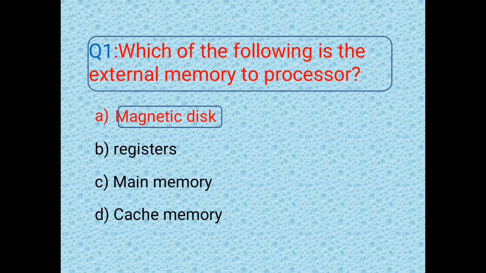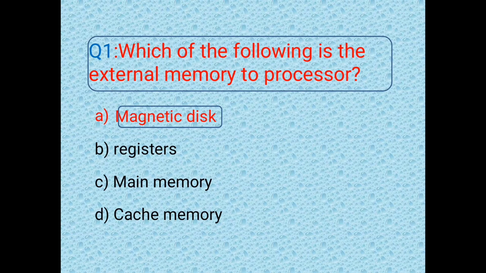A. Magnetic disk, B. Register, C. Main memory, and D. Cache memory. So in this case, the correct option is A, magnetic disk. Magnetic disk is used to store a large amount of data. It is external memory to the processor.